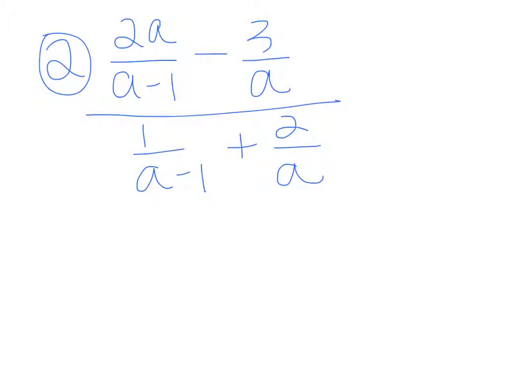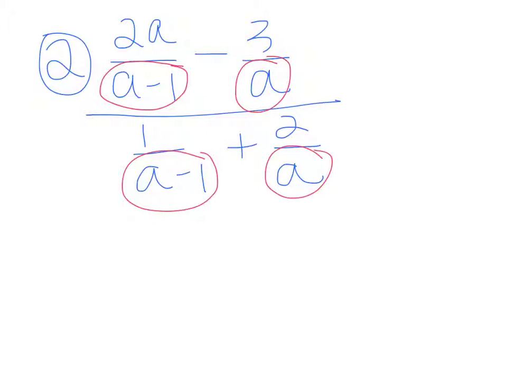So the first thing we need to do is look at all of our denominators: a minus 1, a minus 1, a, and create the least common denominator, which is all of those combined minus any duplicates. So I'm going to have 1 a and then 1 a minus 1. And that is what I'm going to multiply both the top and the bottom by.